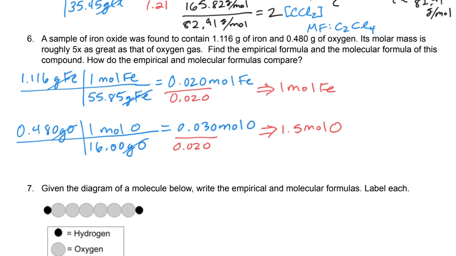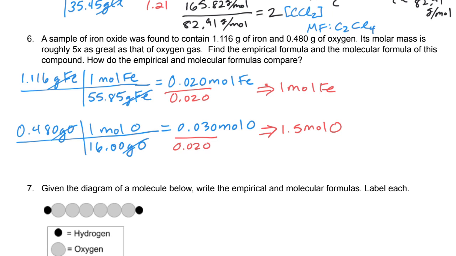So we need to think about how we can turn this into a whole number ratio. If it is a 1 to 1.5 ratio, how do we make that into a whole number? It's helpful to think of it as fractions rather than decimals. If I have a half and multiply it by 2, then I can get a whole number.